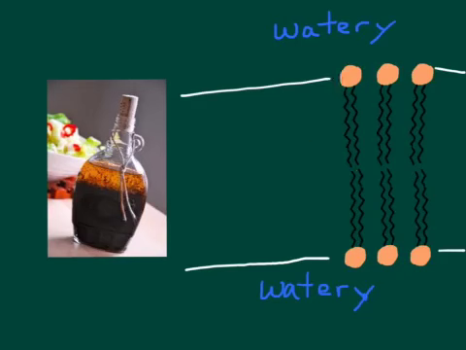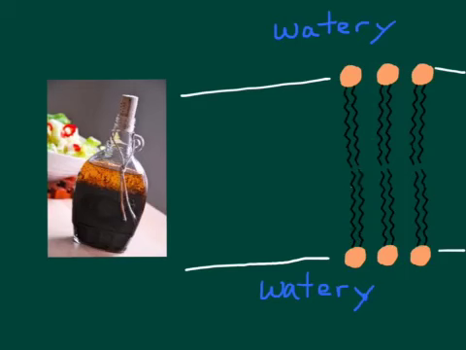They have a head, and they have these tail-like parts here. Now, the important thing is that these tail-like parts do not associate with water. They don't mix with water. So they line up so that the heads are pointing at the watery parts of the cell, inside or outside of the cell, and the tails are pointing inside so that they're not in contact with water.